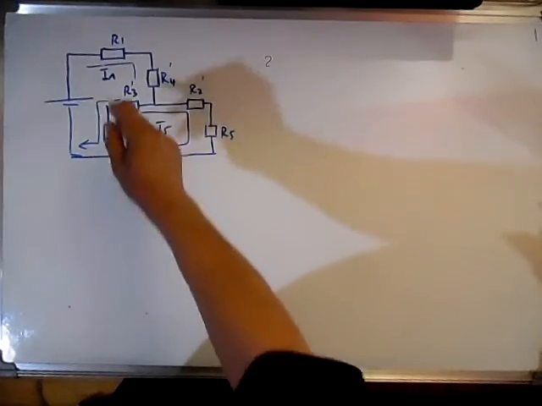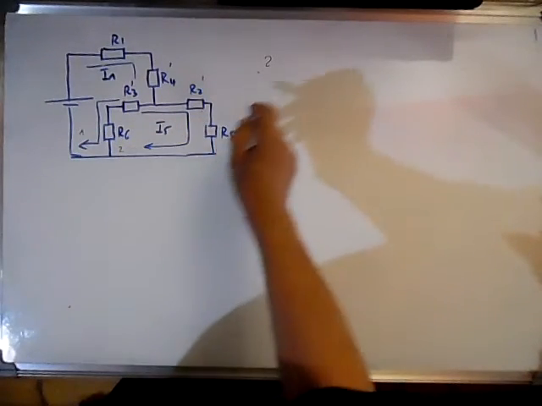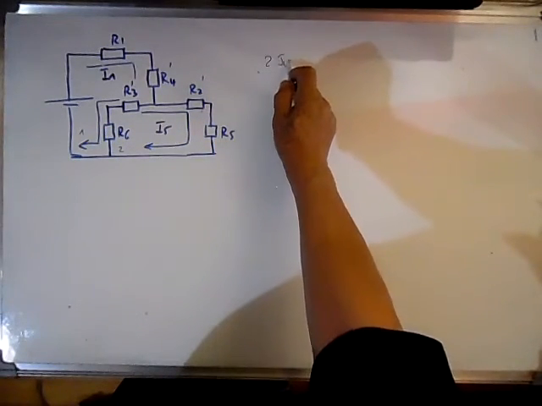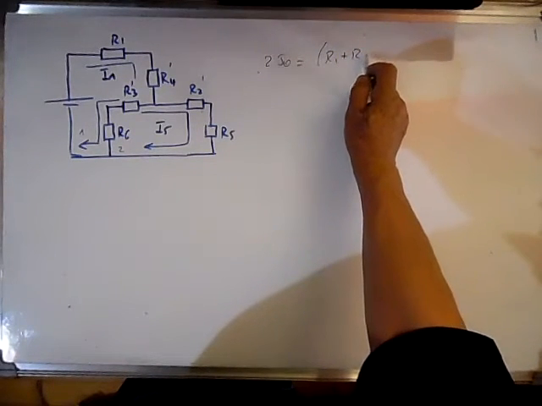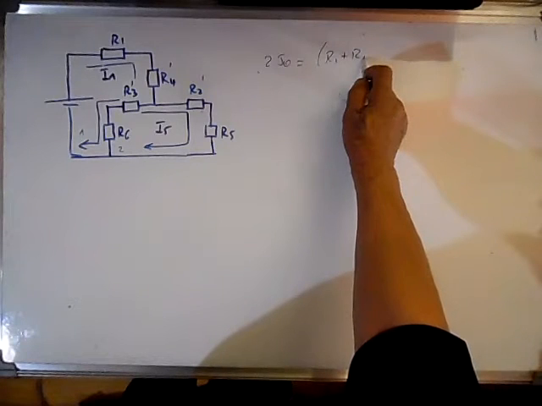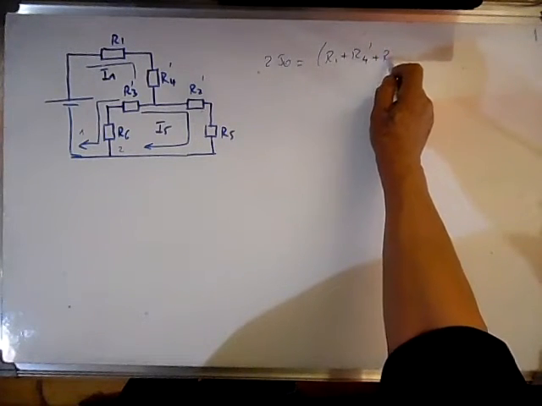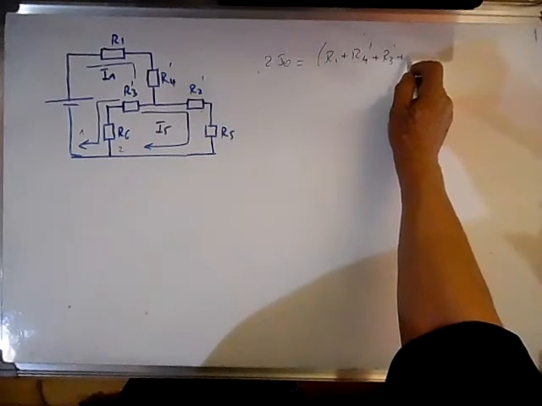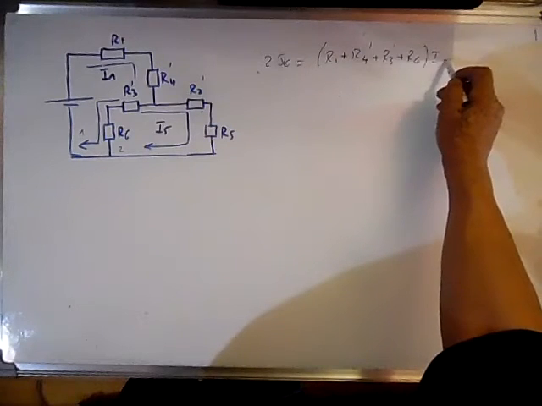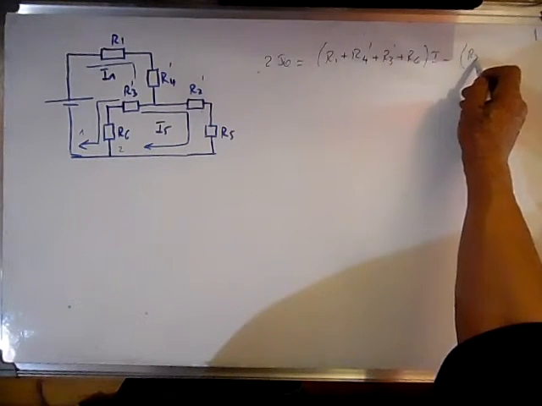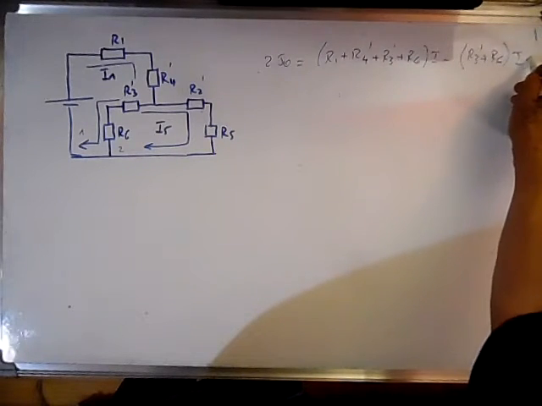We have two meshes, I1 and I5. So we write the first one, 250 is equal to R1 plus R2 plus R4 prime plus R3 prime plus R6 times I1 minus R3 prime plus R6 I5.